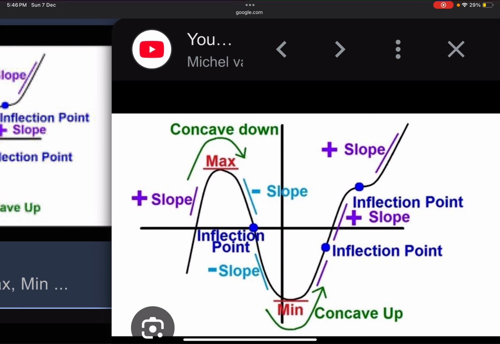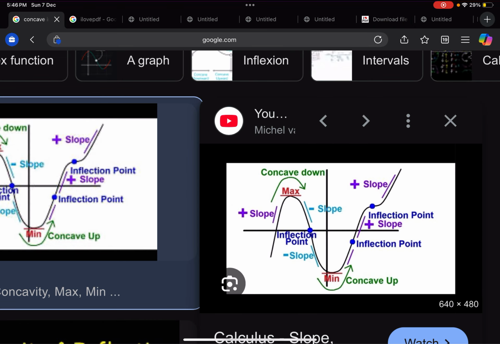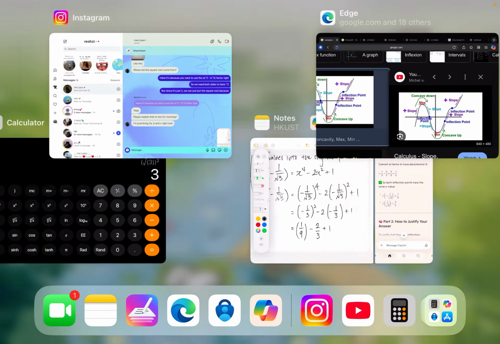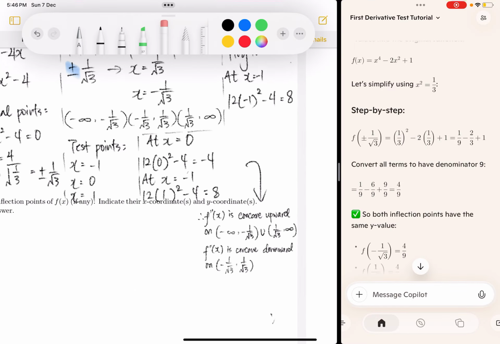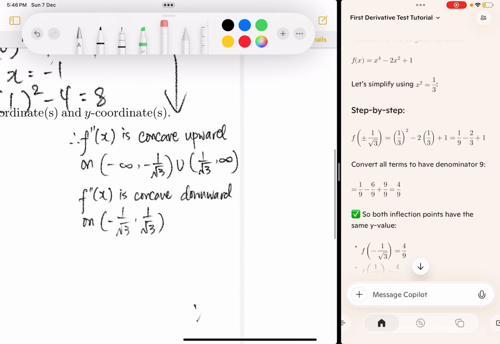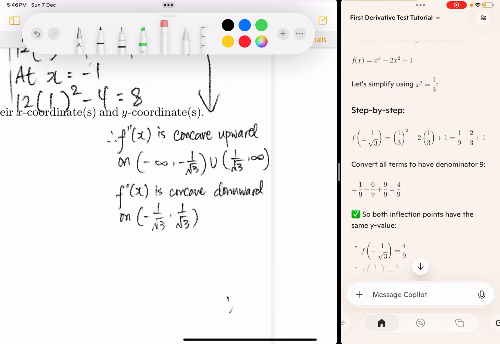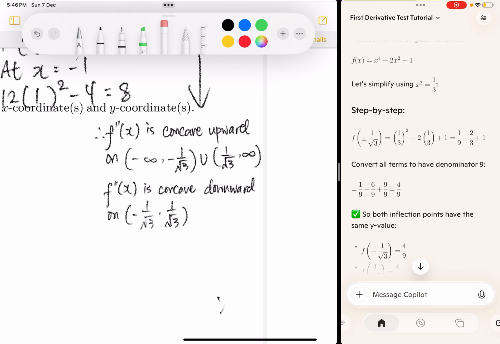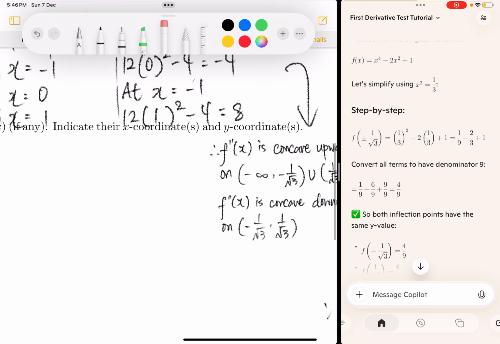And then this one is from downward, and it will go concave up. So we just need to prove that these points have concave down and concave upward, which they have. So from here, we see that they have concave upward and they concave downward.